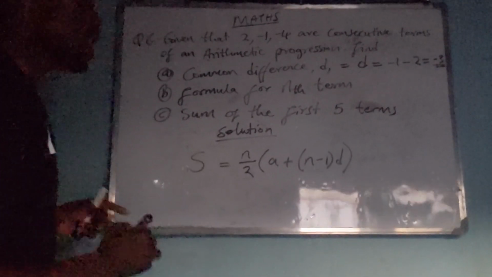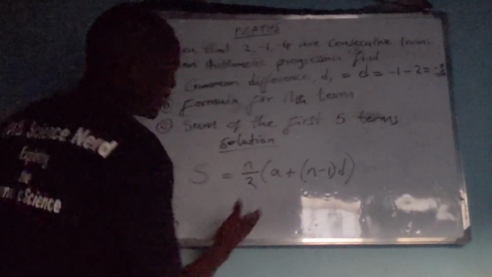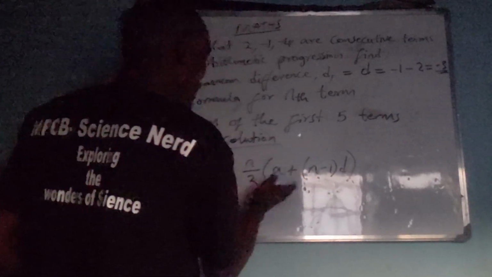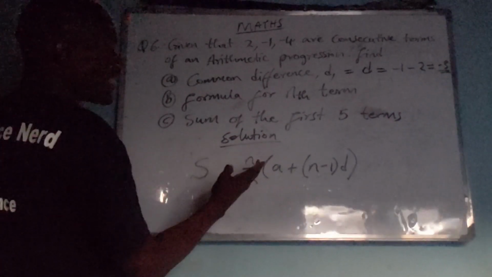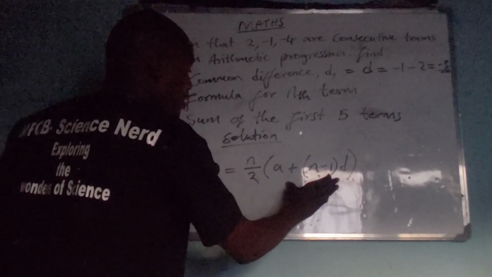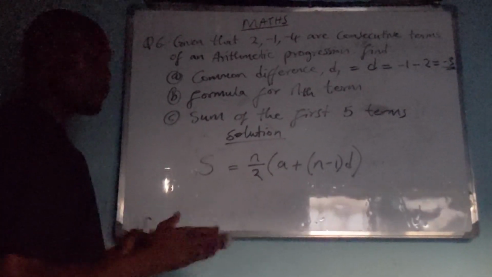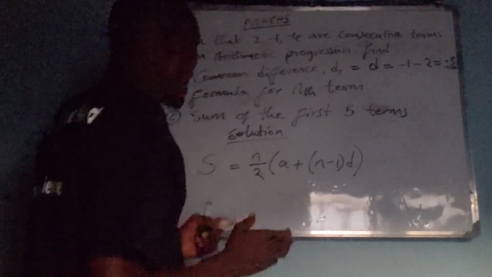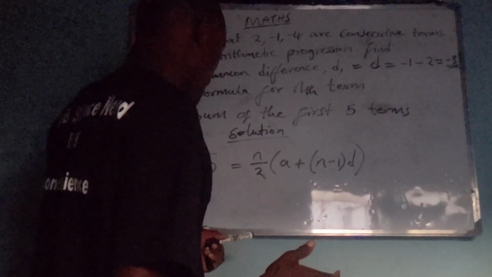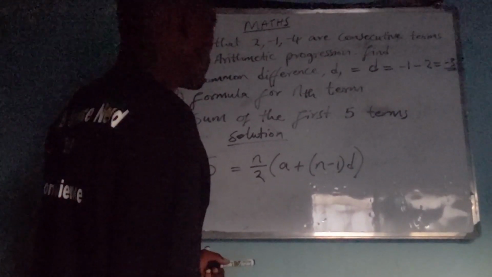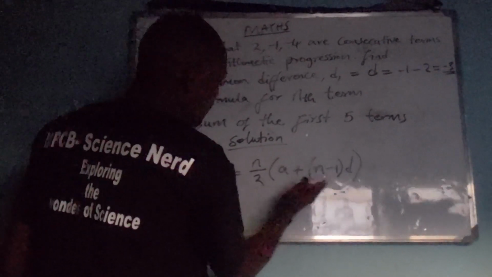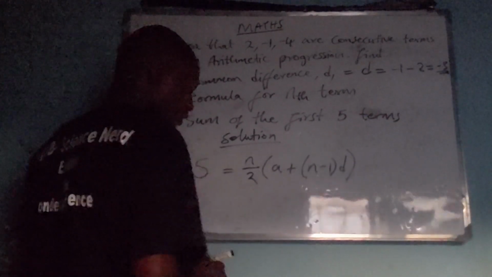Now, when we check what we have in the brackets here, we can see that this is the formula for the nth term. But we know that the formula for the nth term has already been found. Therefore, if we want, we can go ahead and replace what we have here.